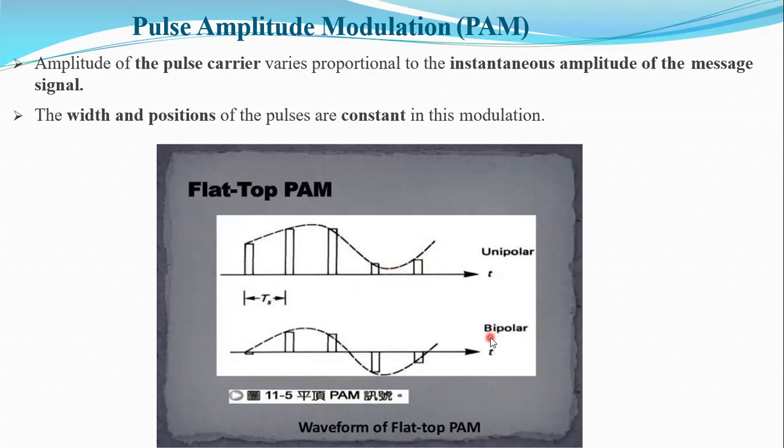Whereas in the bipolar, that is double polarity PAM, we can see the positive pulses and the negative pulses. So we have two different types of PAM, single polarity and double polarity.